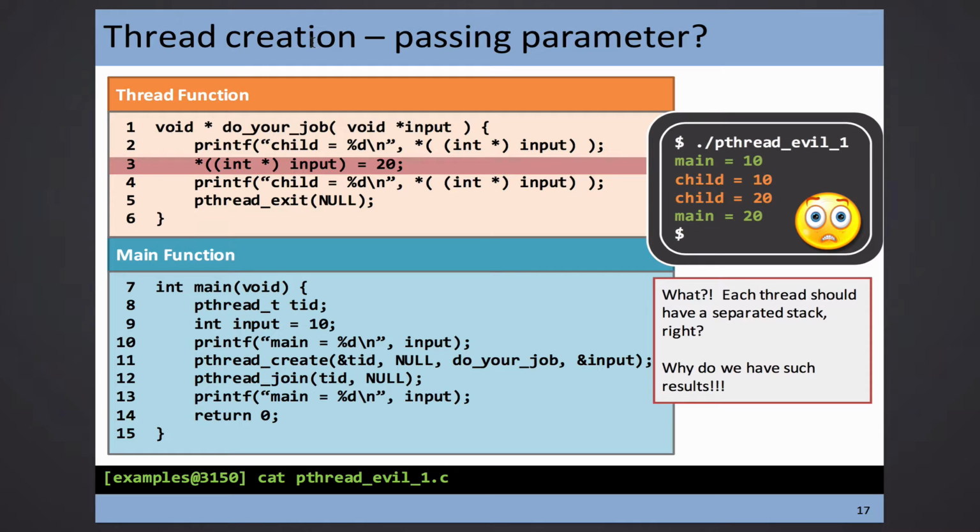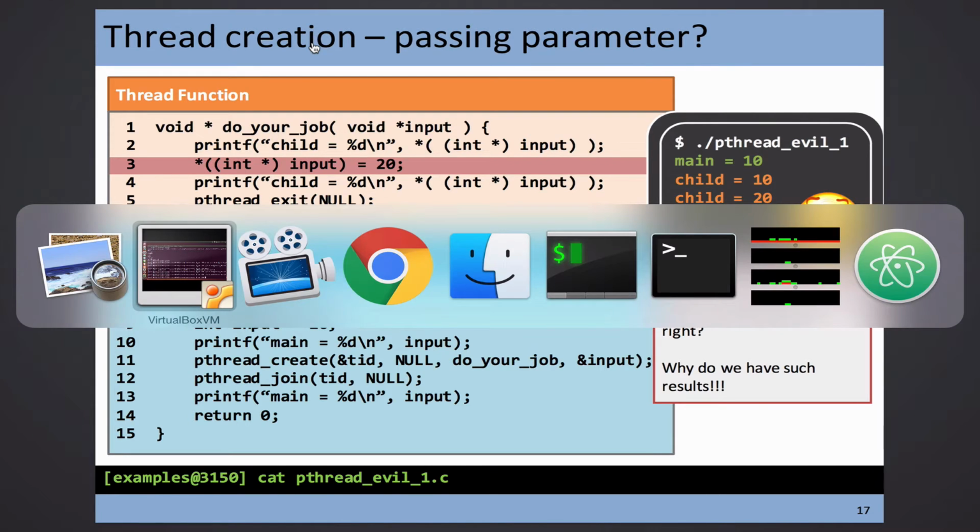Just like the demonstration I used in the quicksort, I first cast it back from void asterisk, the generic pointer, to the integer pointer, and dereference it to make sure that I receive 10 in this example. Then after that, I update it from 10 to 20. So what will happen?